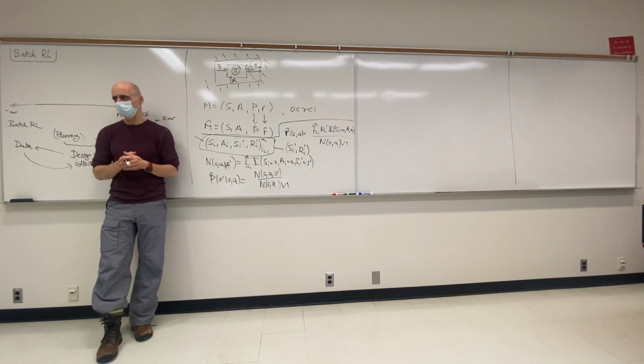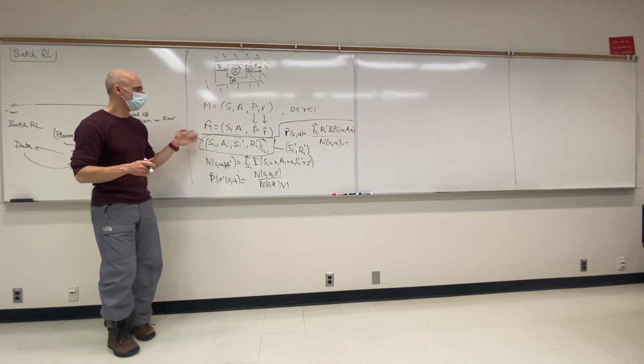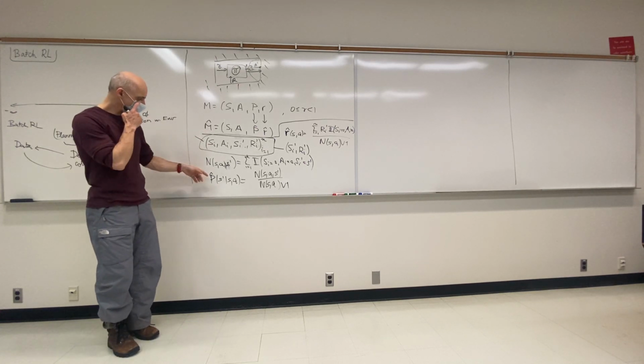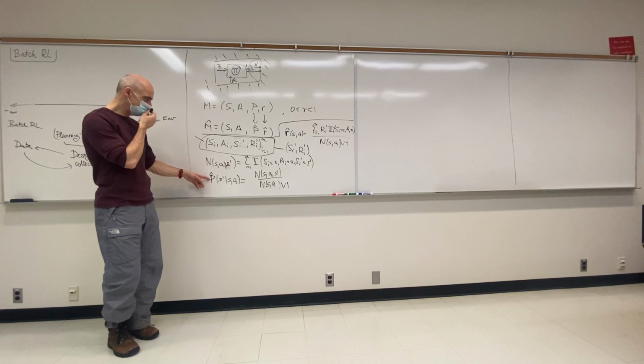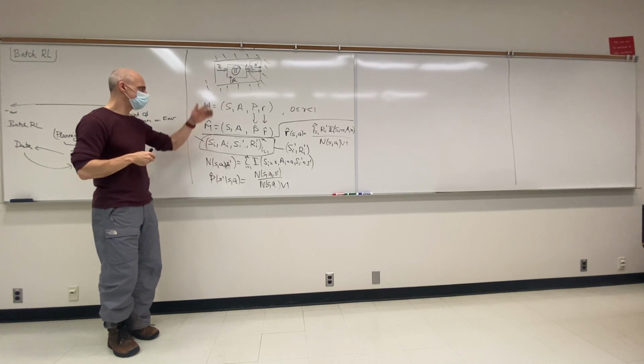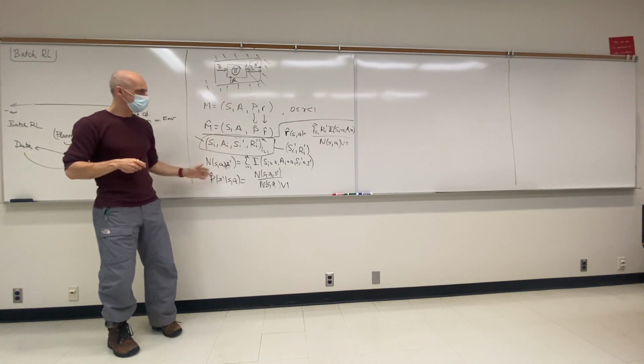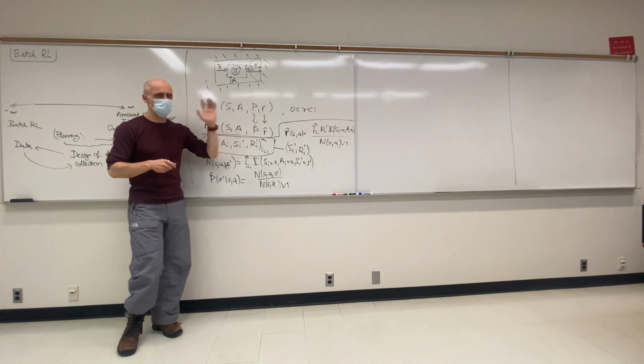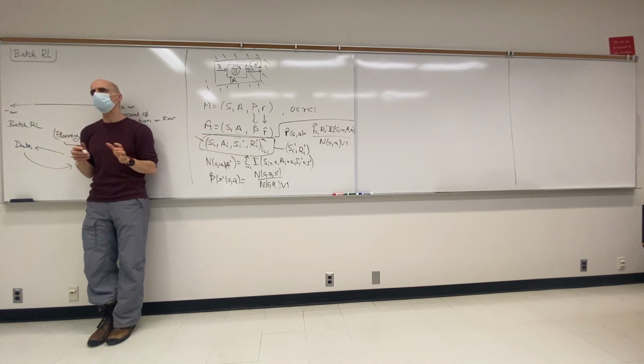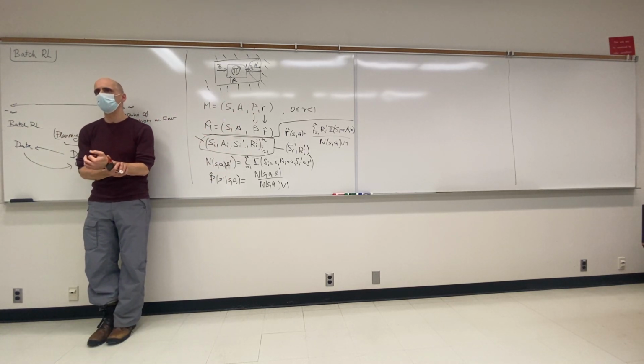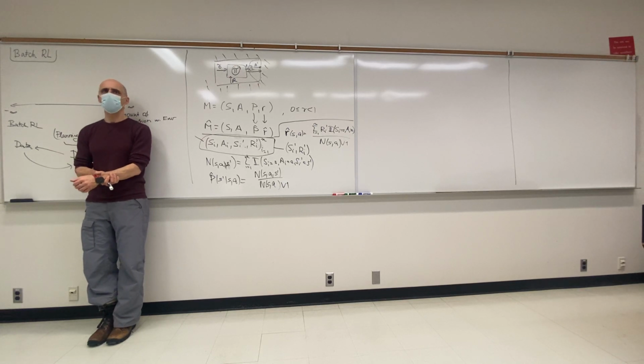Because of that, the tools that we use to argue that the empirical transition estimates converge to the true ones, be it for transitions or the rewards, don't care about this. You have to use slightly more powerful tools: instead of Hoeffding's inequality, use Hoeffding-Azuma. Hoeffding-Azuma can deal with martingale noise.